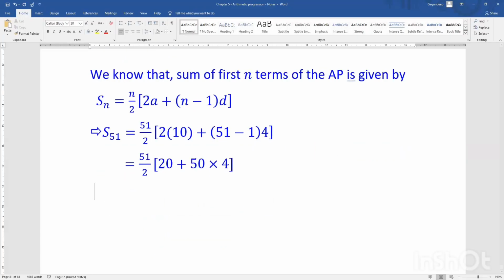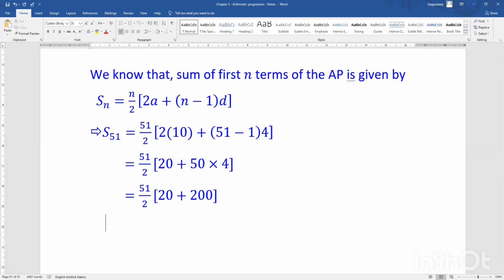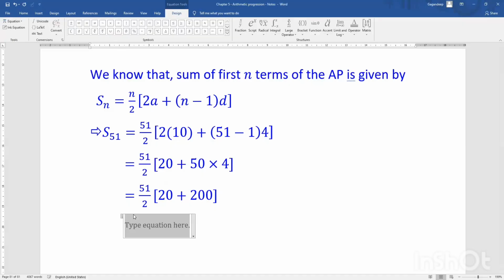Now this will give you 51 by 2. Now in the bracket we have 20 plus 50 into 4. 50 into 4 is 200. Close the bracket. Then it will give you 51 by 2 into 220.